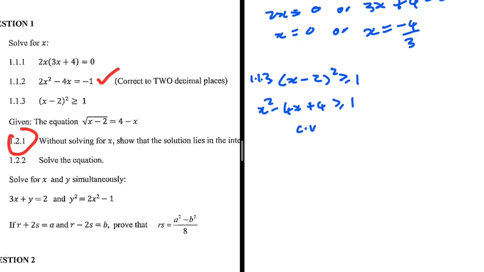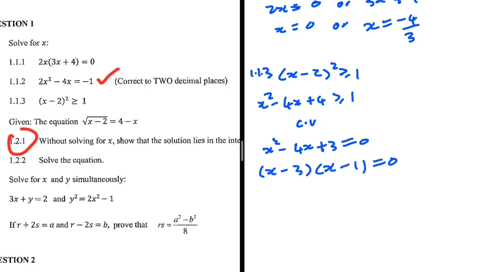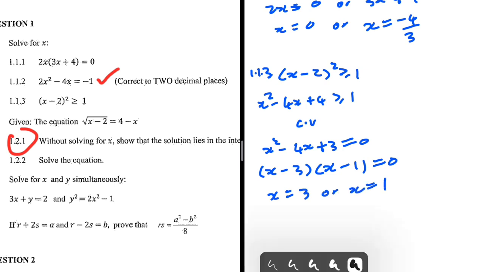And our critical values: x squared minus 4x plus 3 is equal to 0. In factorizing this, we're going to get x minus 3 multiplied by x minus 1, equal to 0. When you multiply out, you go back to x squared minus 4x plus 3. So x is equal to 3 or x is equal to 1. Those are our critical values.